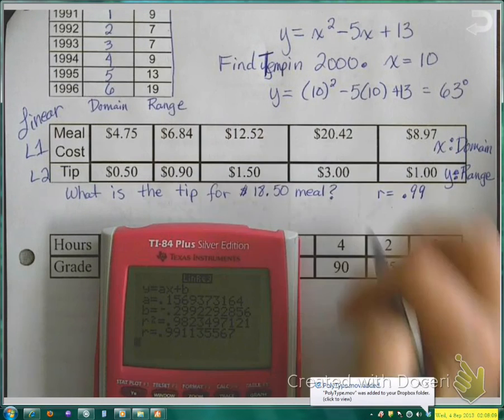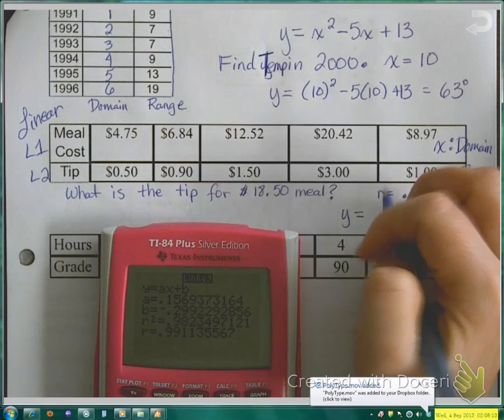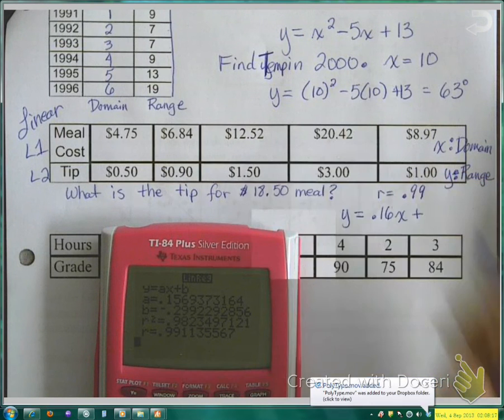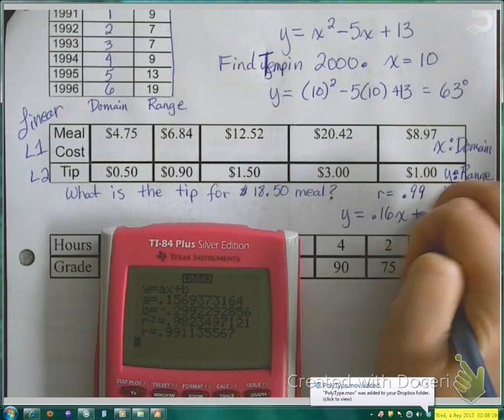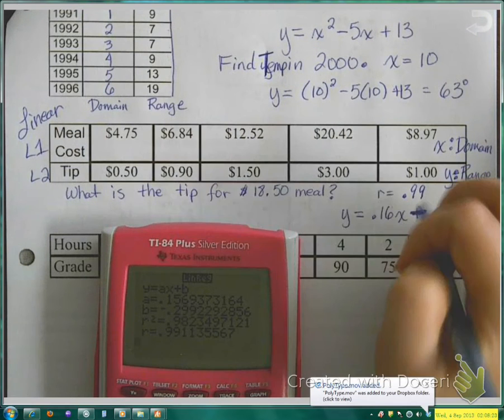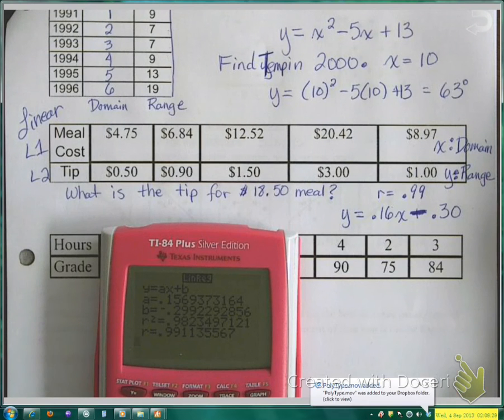So let's look at what the curve is. Y equals, now we're going to have to round, A is going to be 0.16x, and then B, that's a negative B, so I should subtract there, 0.299, so I'm going to say that's 0.30. Now they ask us what is the tip if the meal costs $18.50.